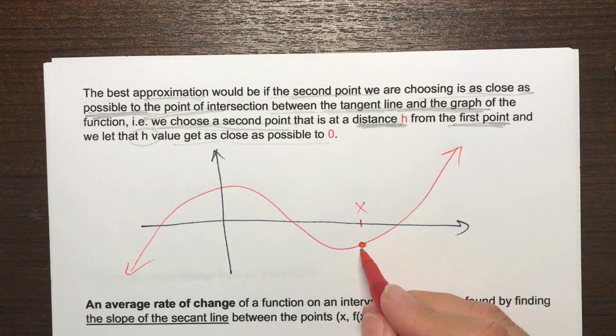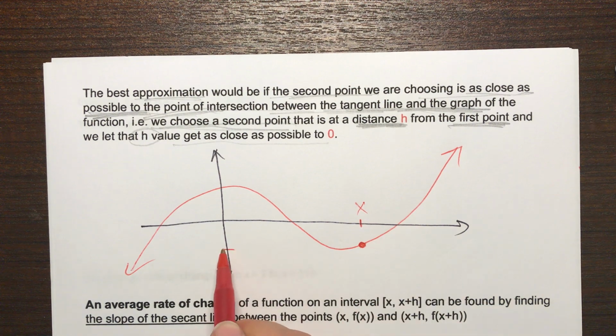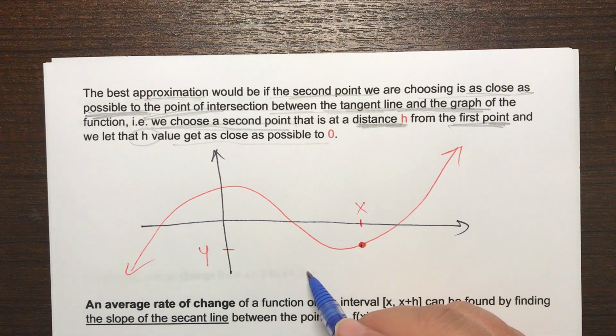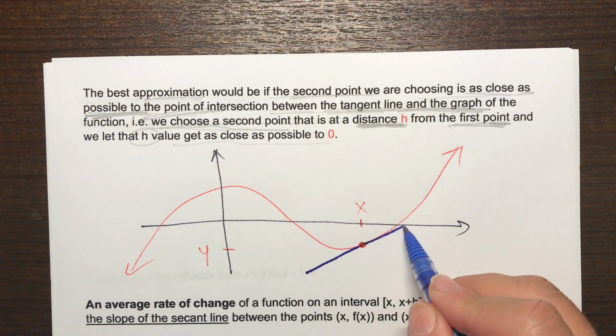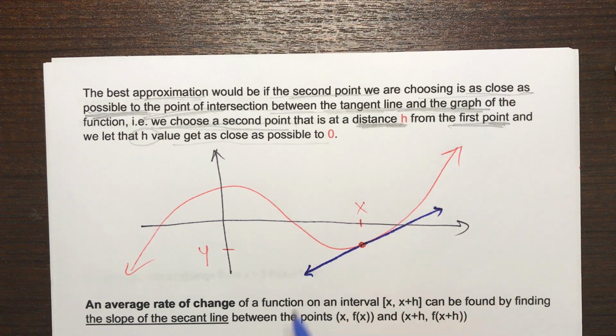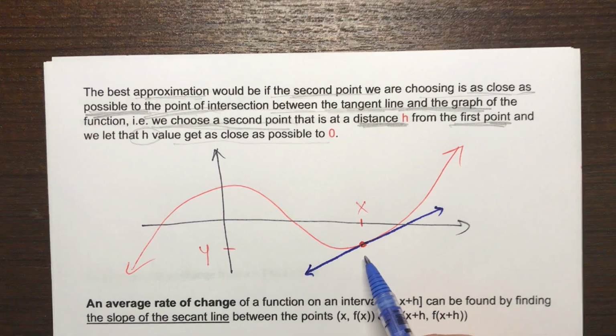Its y coordinate, sure enough, is going to be some random y. But I want to draw the tangent line to the graph at this point. Why do I want to do that? Because I want an idea of where my graph is heading at this point in time. In other words, what's the instantaneous rate of change in this graph at this point in time.